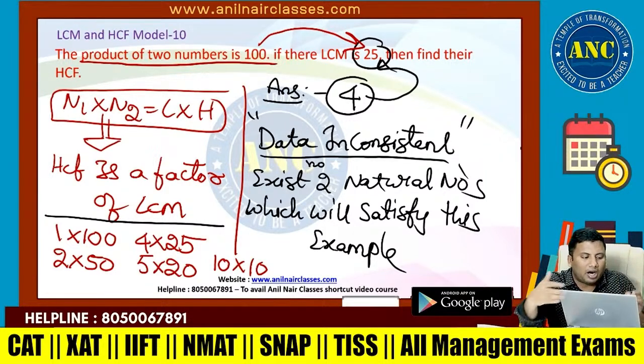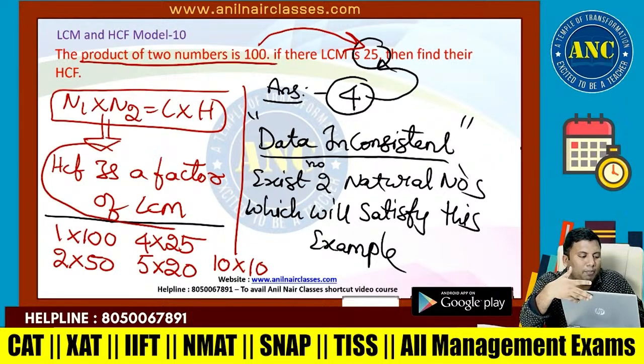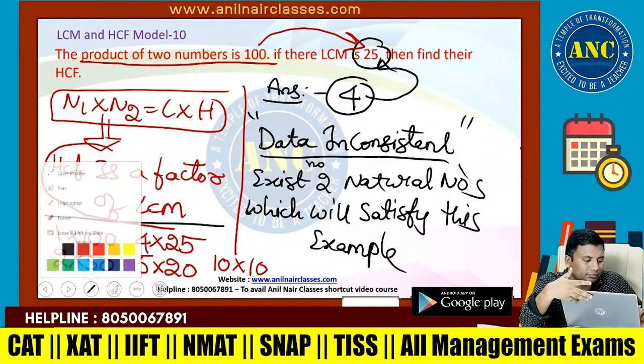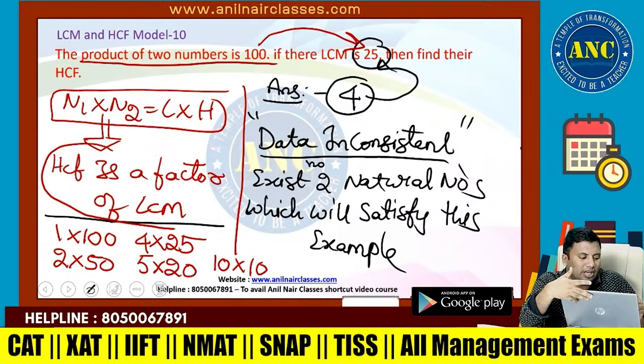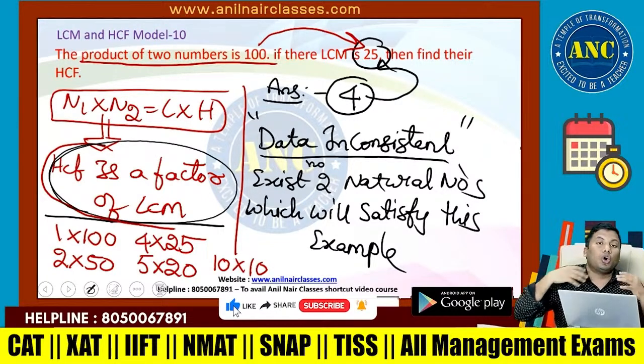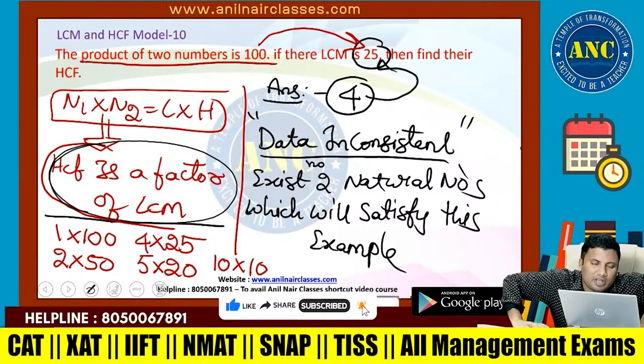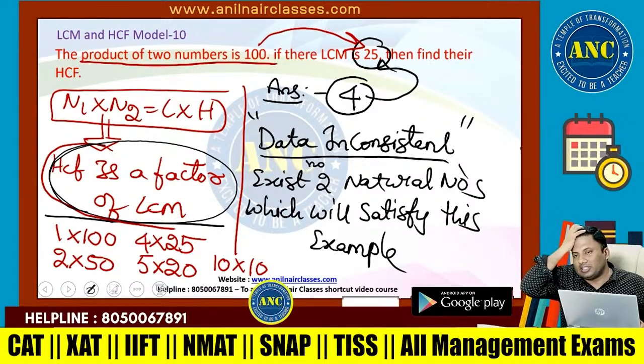HCF by default will be a factor of LCM. It goes without saying. Why?